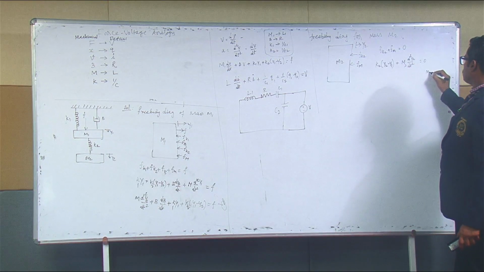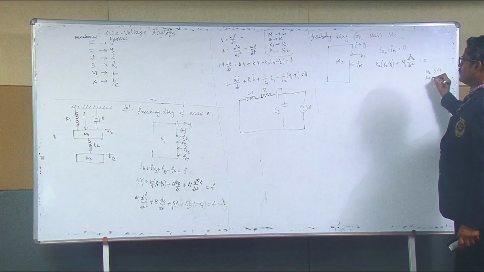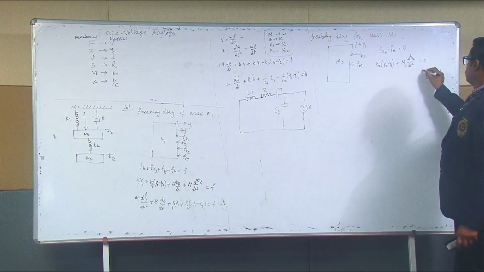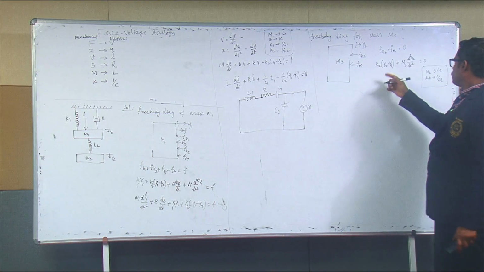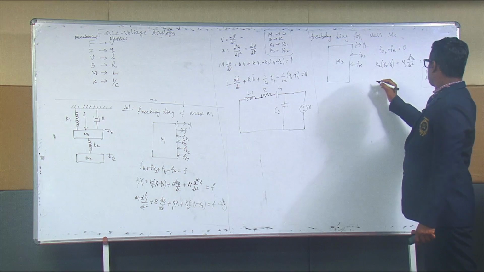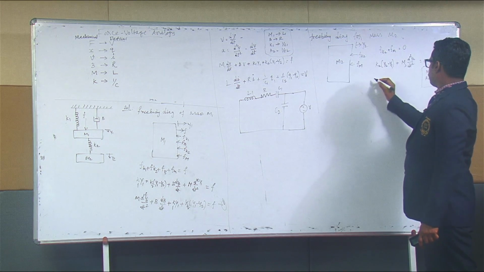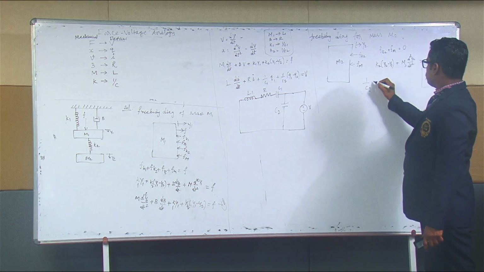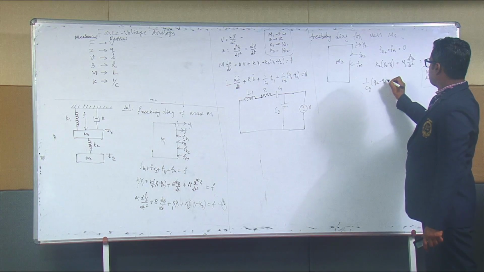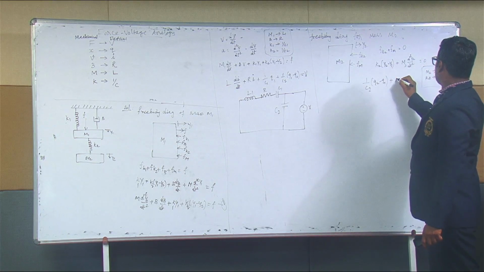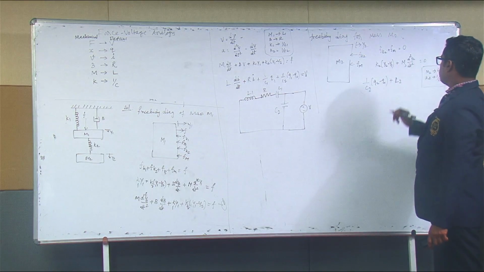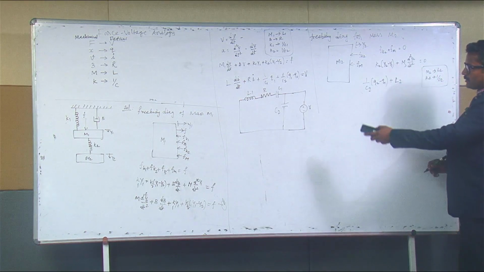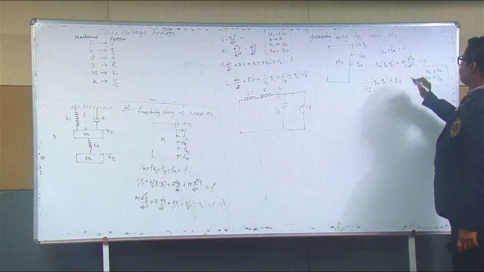Okay, M2 equivalent is L2 and K2 equivalent is 1 by C2. From the force voltage analogy, substitute here. So you will get K2 is 1 by C2 into Q2 minus Q1 plus M2, which is L2, into d square y by dt square, in terms of velocity again dv by dt.